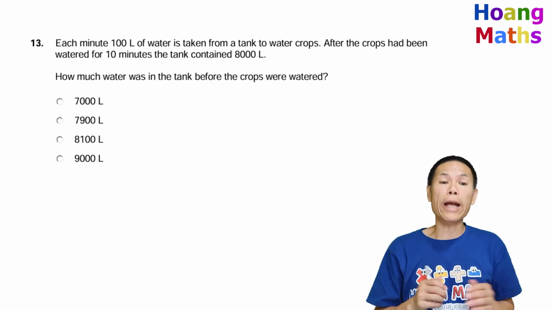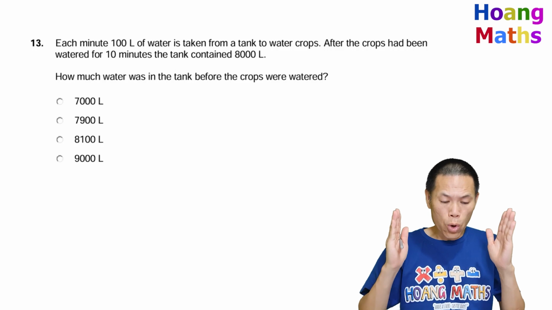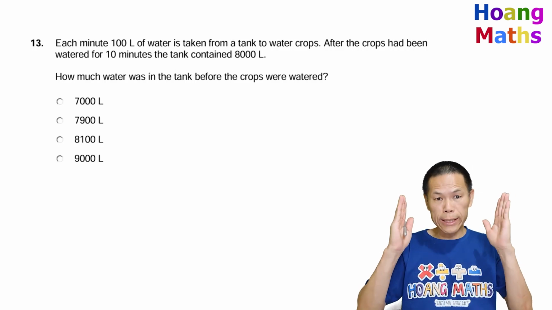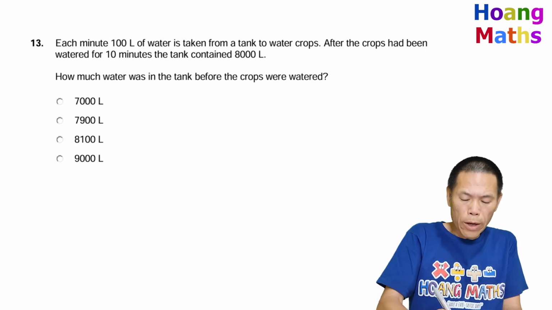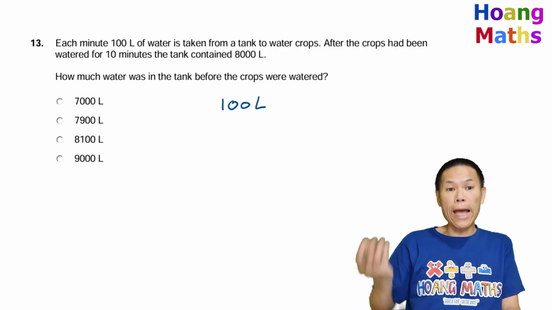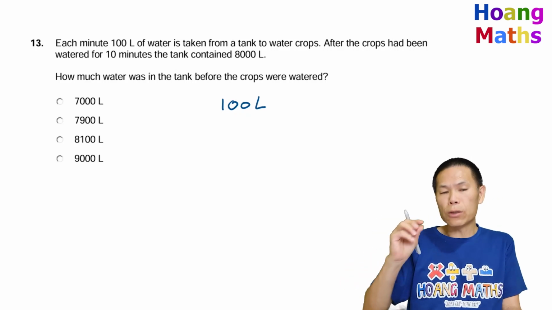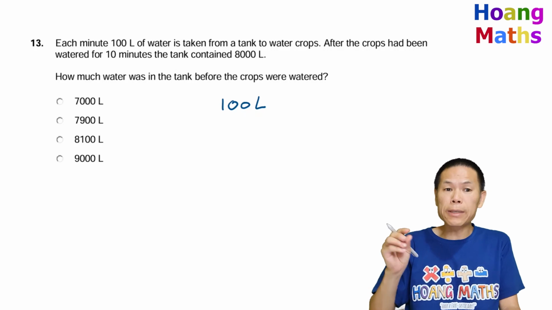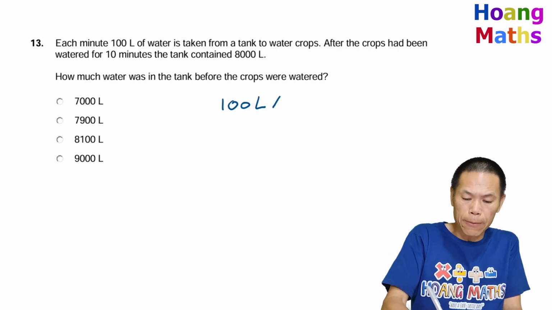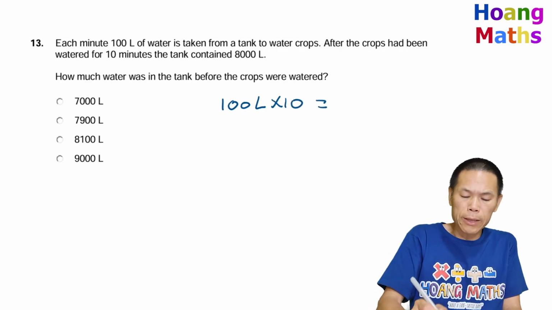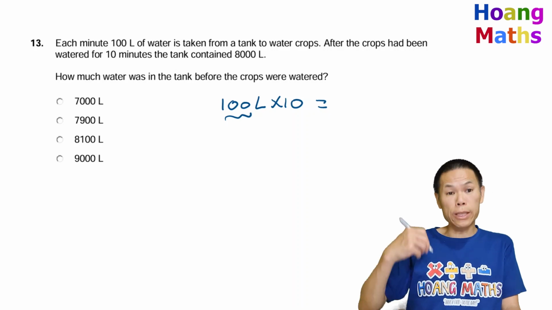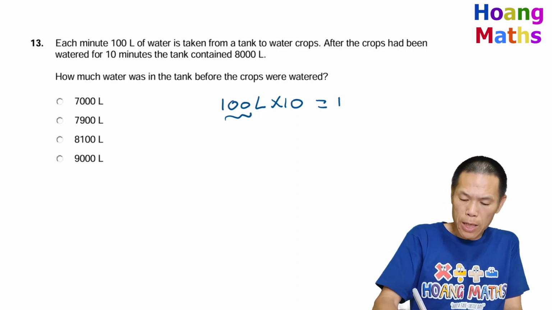We just need to work out how much water has been taken out during the 10 minutes first. 1 minute, 100 liters will be taken out. For 2 minutes, it's times 2, but this time 10 minutes, so it's times 10. 100 times 10, which is add a 0, gives me 1,000 liters.